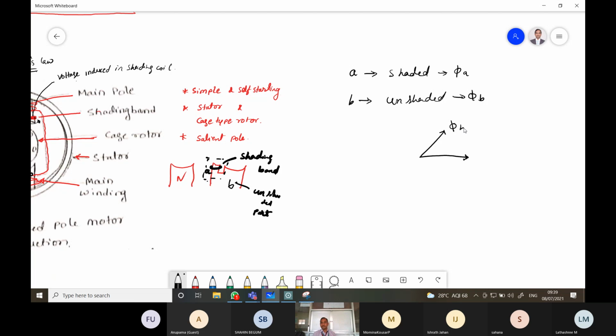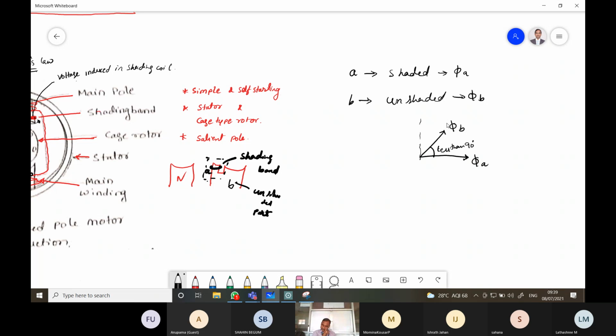So the angle between phi A and phi B is less than 90 degrees. We can adjust this angle by the shading band, by using the tappings of this ring, between the phi A and phi B portions.